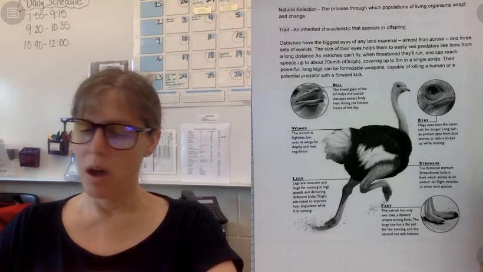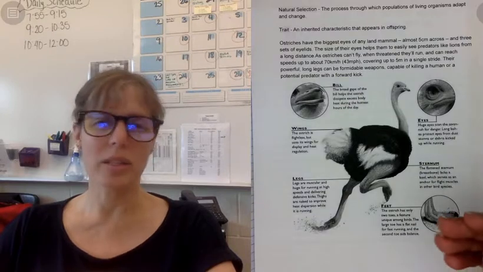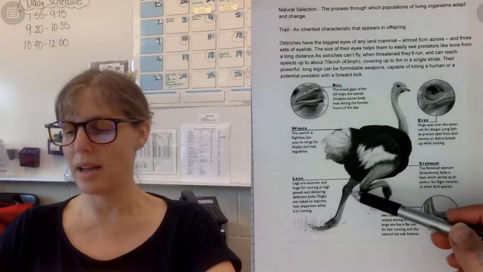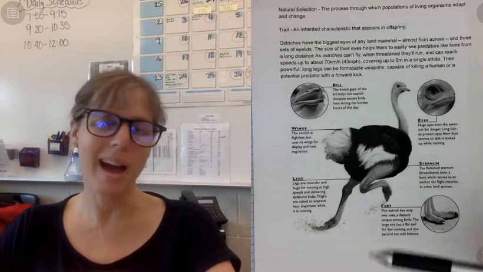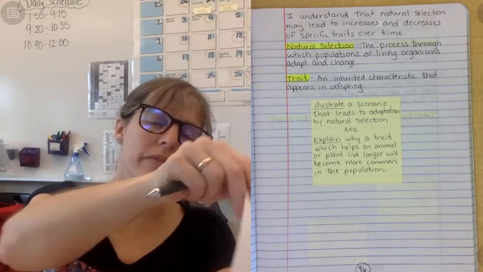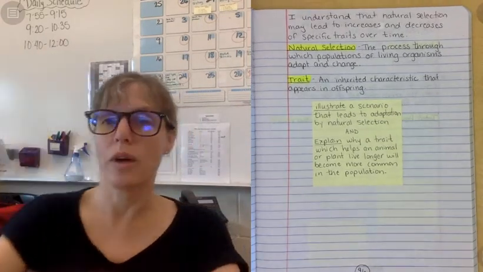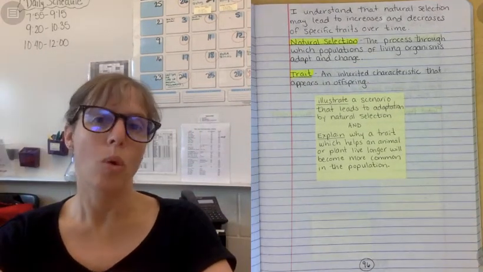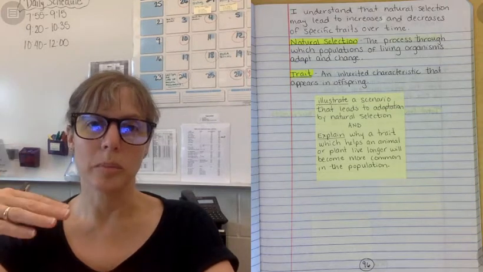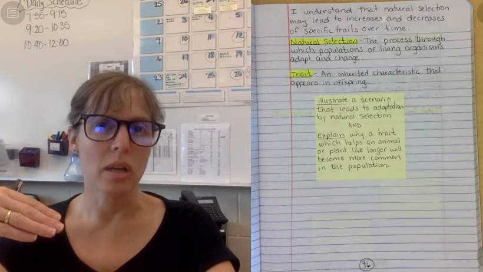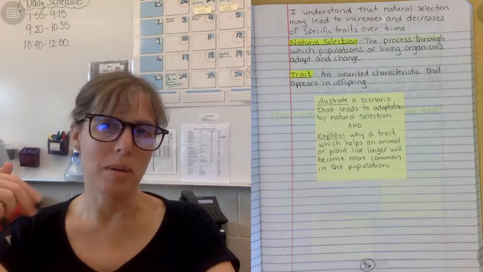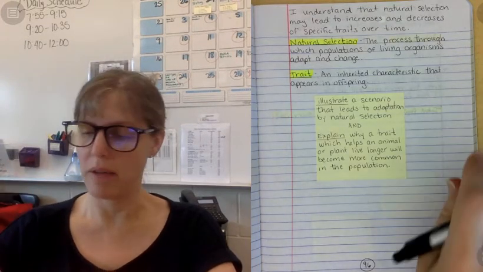What's really important is that whatever scenario you put together, you indicated why that adaptation was important and how it could help that particular animal survive long enough to produce offspring that are able to produce more offspring with that similar trait, so that it can grow the population, and in each generation that trait maybe gets better for survival.